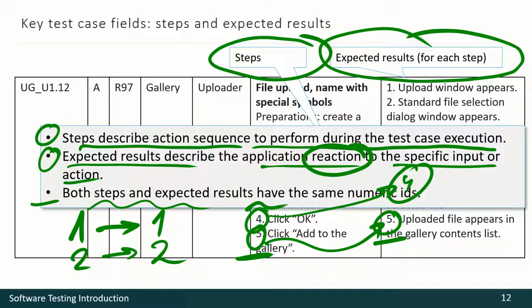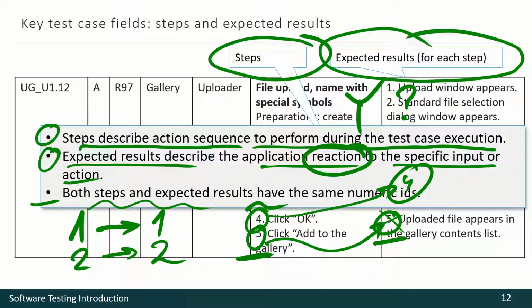Usually people ask, does each and every step have to have an expected result? The answer is yes. Of course, in real life you'll see that sometimes there are test cases without expected results for some steps.